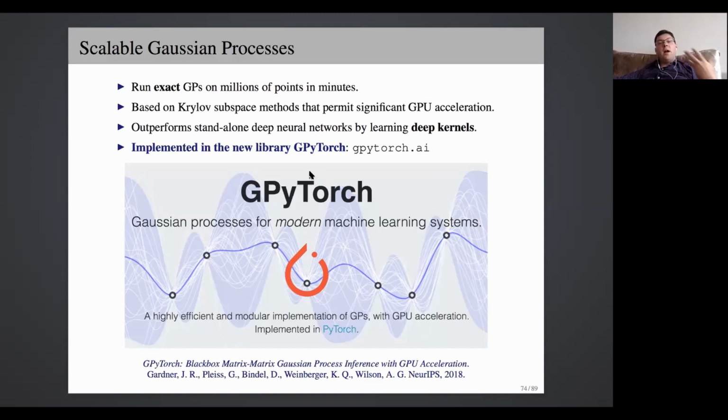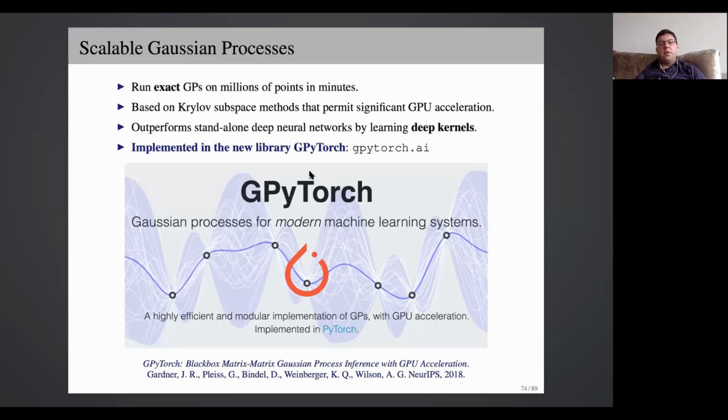With GPyTorch, this fairly big project we have going, we try to find motivation and inspiration from that trajectory in order to really scale Gaussian processes through systems and hardware acceleration. So we build Krylov subspace methods that enable a lot of GPU parallelization, which in turn enables even exact Gaussian processes to run on millions of points in minutes.